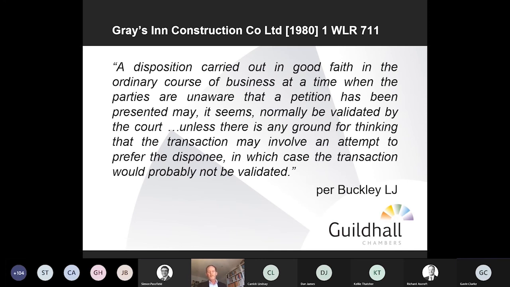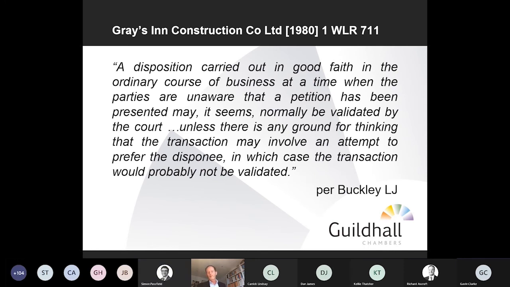But critically, having set the scene in that sense, and also explained that generally you would need special circumstances to make an order, the judge went on to say that it was the prevailing practice of the court at the time that where the parties are unaware the petition has been presented and payments are being made in the normal course of business, it was the court's practice to validate such a transaction.